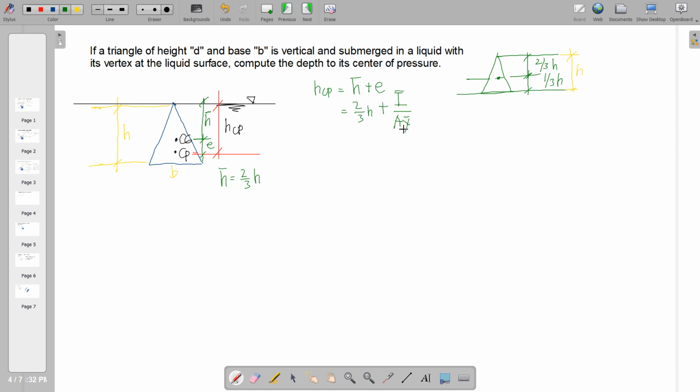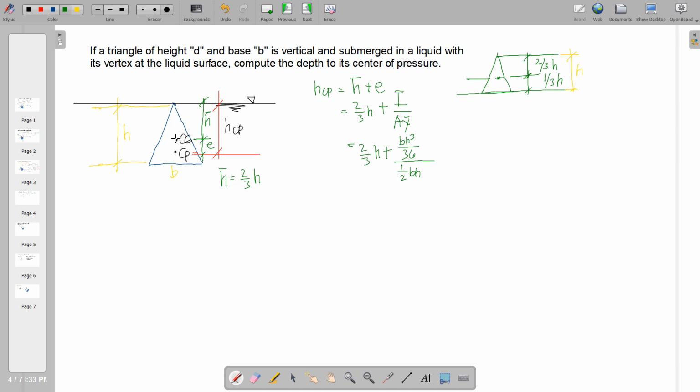And then again, that E is I bar all over A Y bar. We expand the expression by having the formula of I bar of a triangle, that is B H cubed all over 36. And then the area is 1/2 base times height times Y bar, and Y bar here will just be equal to H bar since we have a vertical shape.